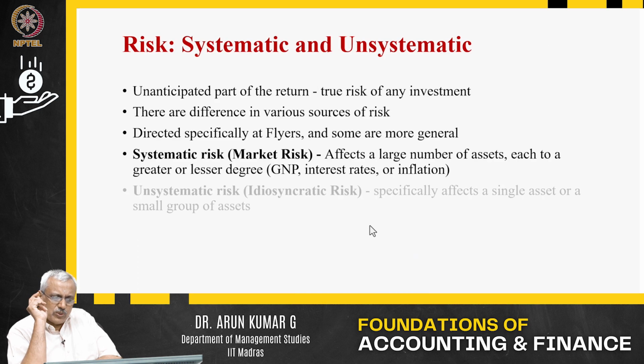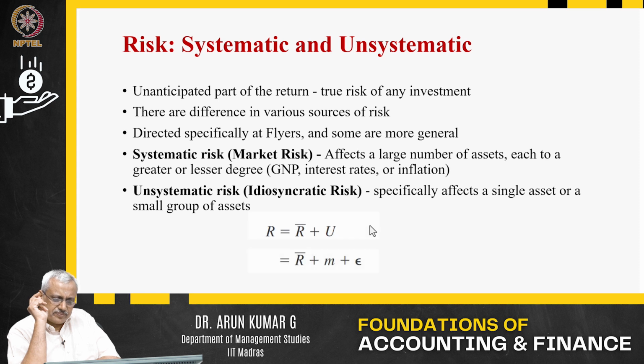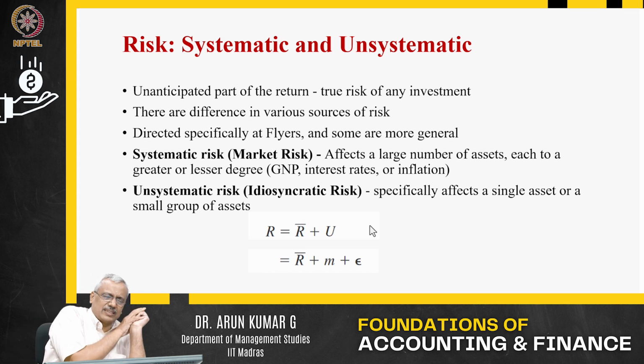Now we come to the two different kinds of risk that we call systematic and unsystematic risk. What is the difference between them? Risk is the unanticipated part of the return, that's all fine. Systematic risk is what we call market risk. The market rate affects a large number of assets, each to a greater or lesser extent.